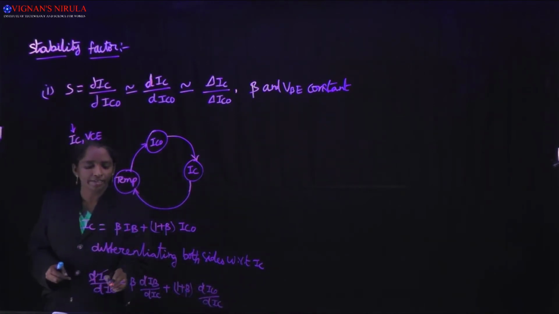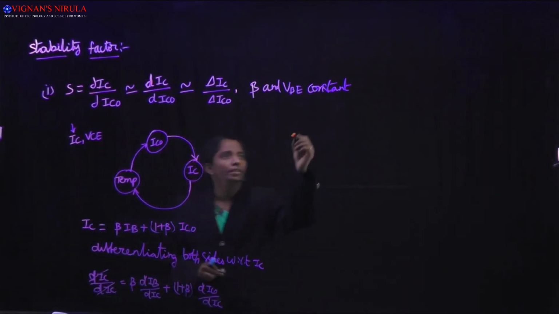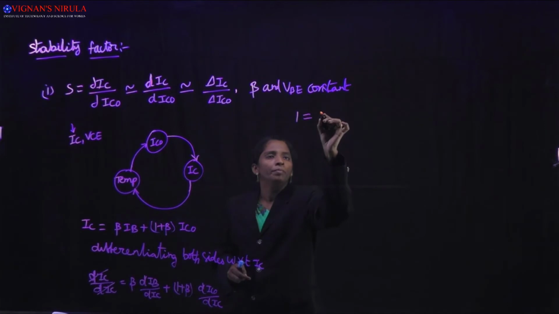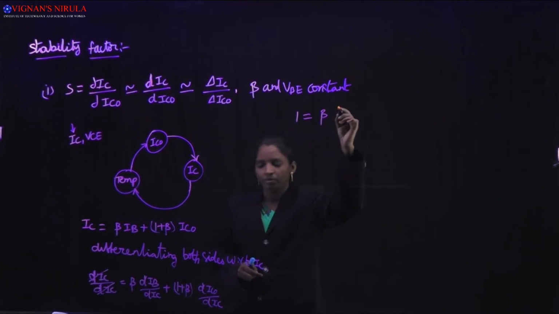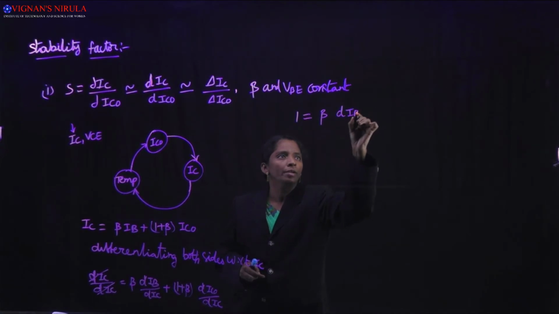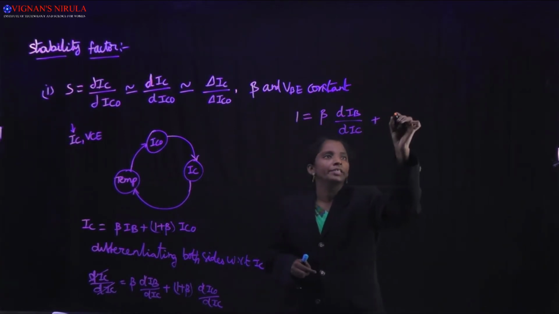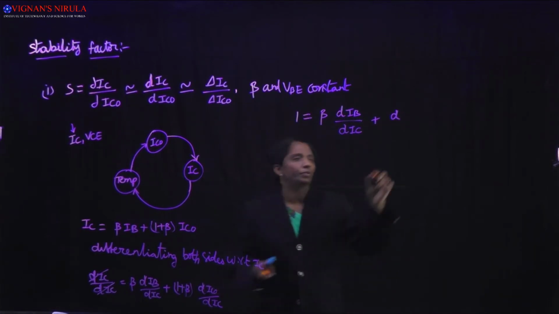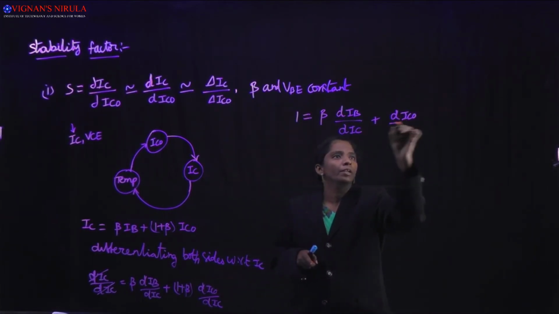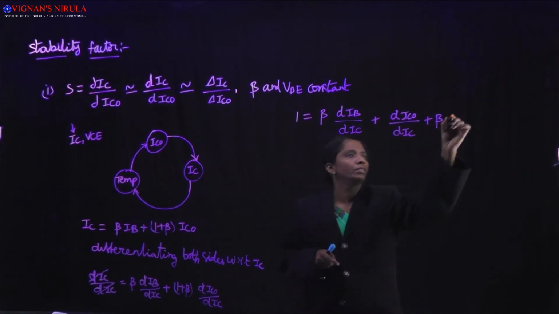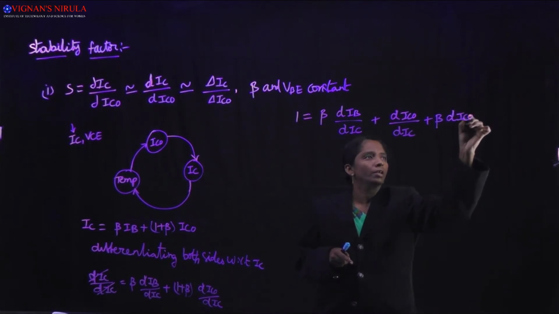Here dIC divided by dIC gets cancelled, so we get 1 equal to beta into dIB divided by dIC plus (1 plus beta) into dICO divided by dIC.